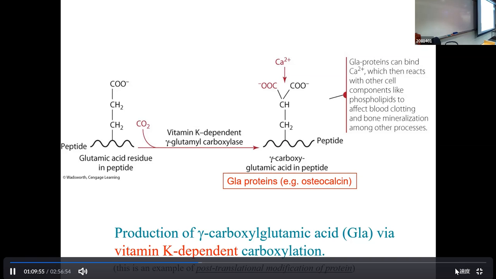Then after osteocalcin is formed, then we can use this post-translational modification to make this osteocalcin, which is carboxylated.